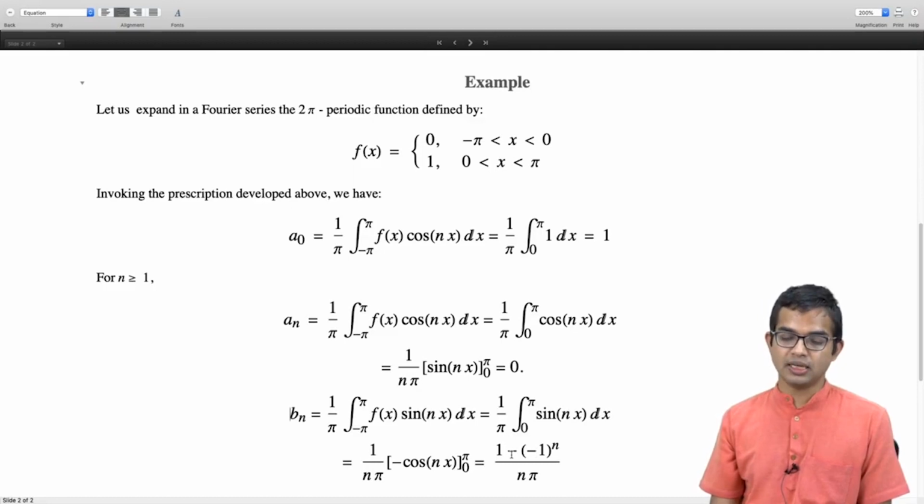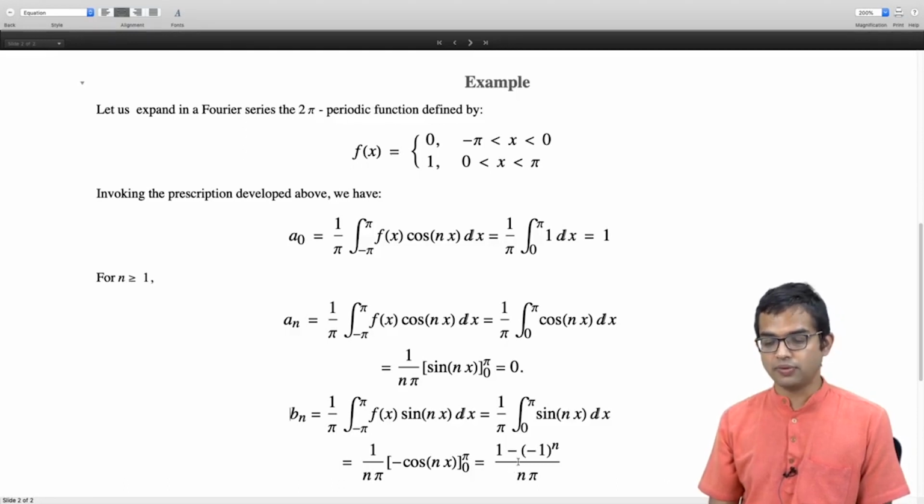Now we see that unless n is odd, this is going to vanish. If n is even, like n equal to 2, for example, you get 1 minus 1 divided by 2 pi, so it goes to 0. If n is odd, you get 2 divided by n pi. Otherwise b_n is 0.